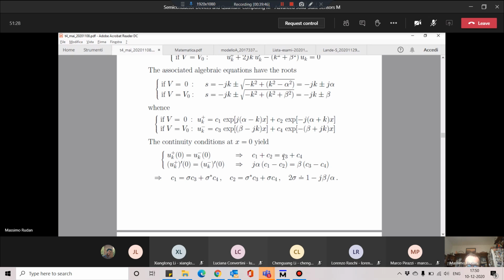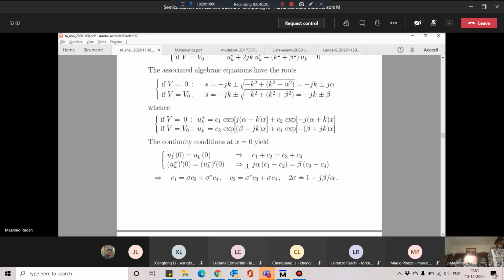So if you multiply by minus jk, you have still an identity. So you cancel all the terms involving jk from the second equation, okay? And you are left with a relatively simple equation that is j alpha (C1 minus C2) must be equal to beta (C3 minus C4), okay?